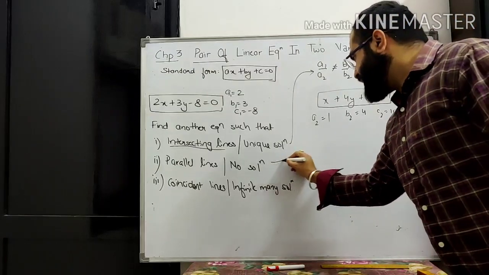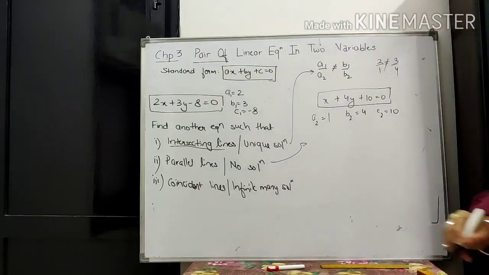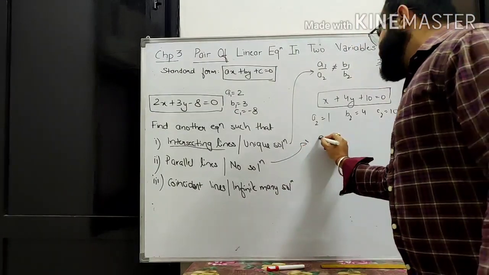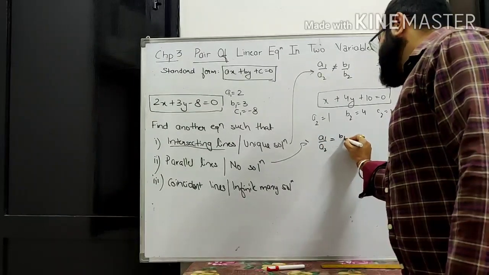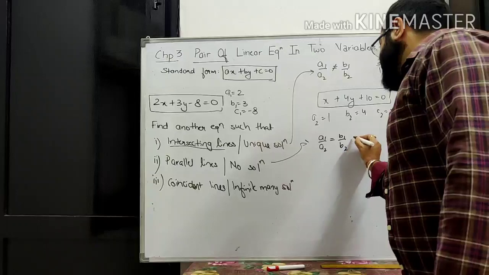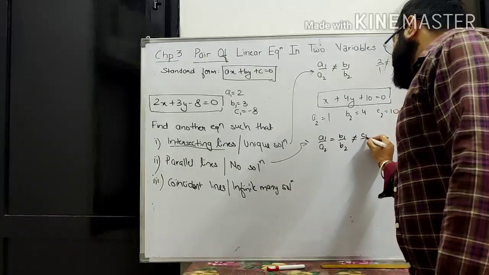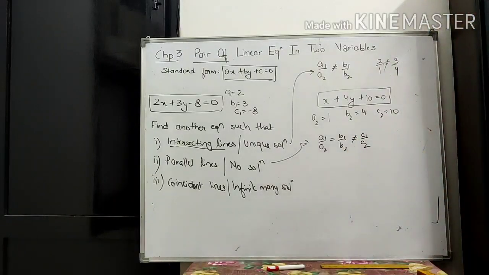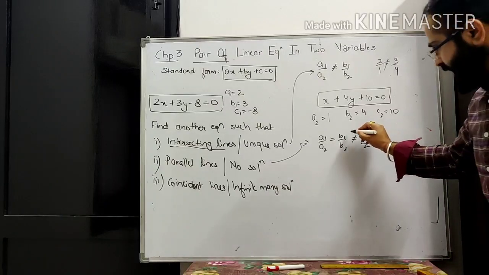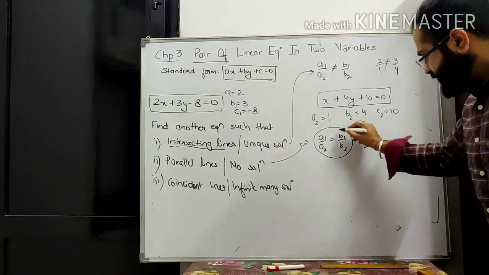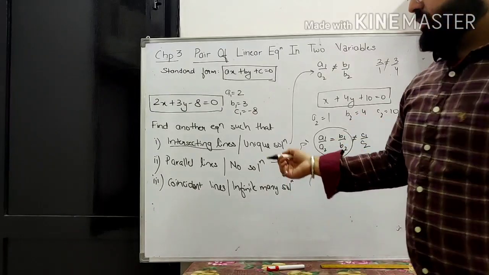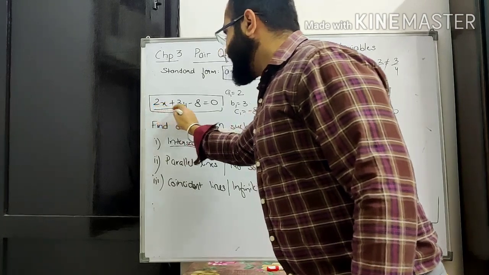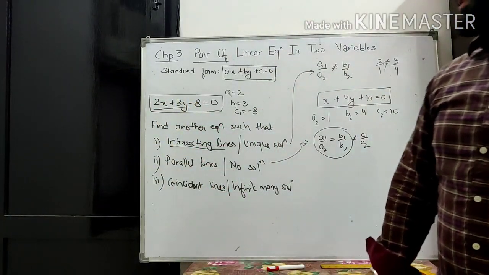Now coming to the second one, that is parallel lines. For parallel lines we have the condition that a1 over a2 has to be equal to b1 over b2 but not equal to c1 over c2. This means that the ratio of the coefficients of x and y has to be equal. So the very easiest thing, we'll take any multiple of the coefficients of x and y.